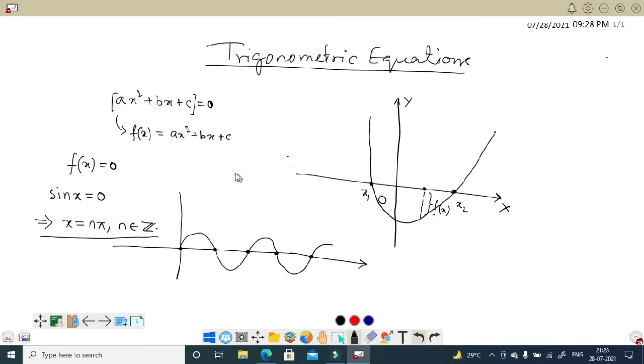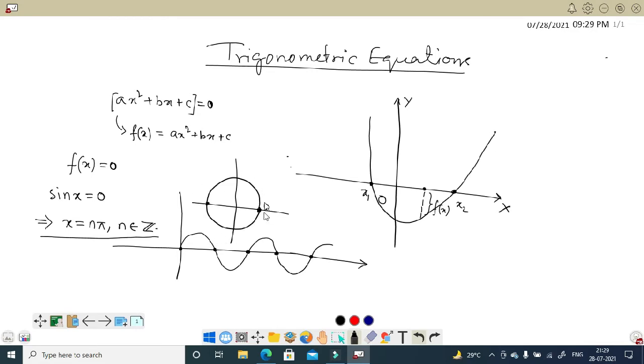And also if you draw the circular definition, that means using the unit circle, there also we have seen that sin x is 0 on the horizontal line. First it will be 0 at 0 radian, then it is 0 at pi radian, again it will be 0 at 2 pi radian, again at 3 pi radian, and so on.